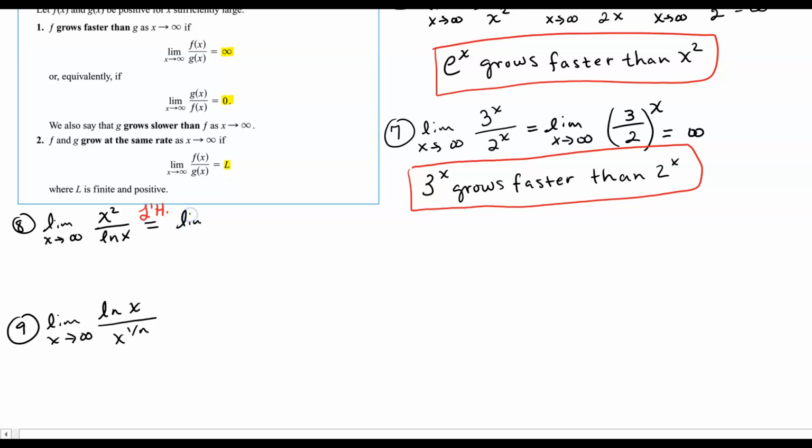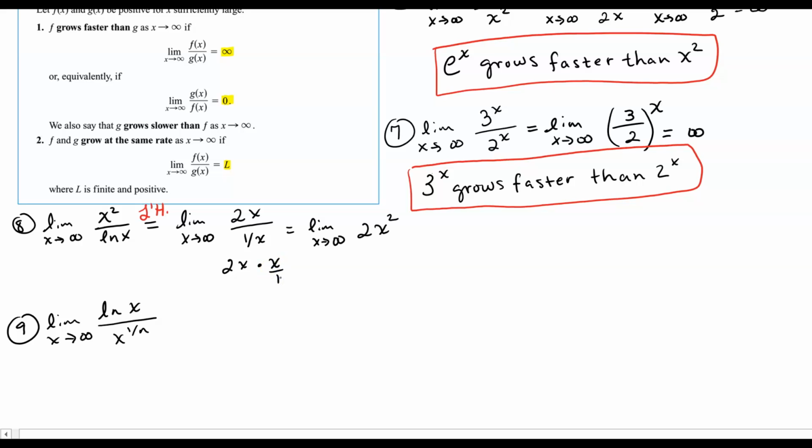We have the limit as x approaches infinity. Let's take the derivative: 2x over the derivative of the natural log, being 1 over x, and we can rewrite this. This becomes the limit as x approaches infinity of 2x squared, because this is 2x multiplied by x over 1.